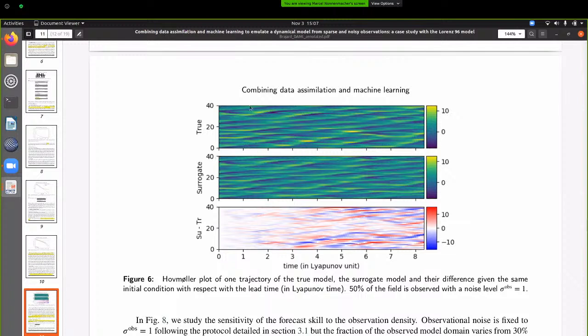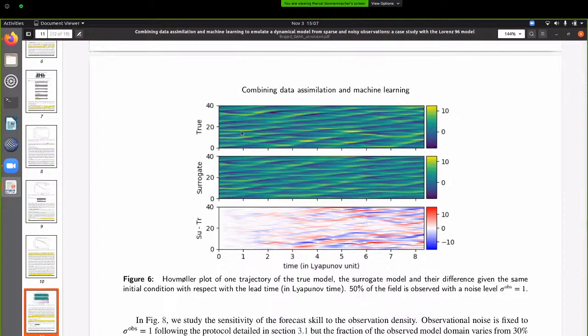From such data, we want to train a surrogate model using machine learning that behaves similarly when initialized at the same state. We want it to behave identically, but there's going to be some error. And given the fact that we're going to deal with chaotic systems, this error is going to increase over time.